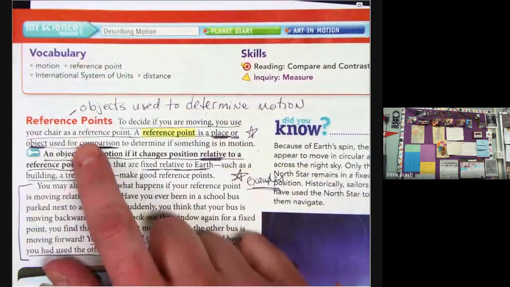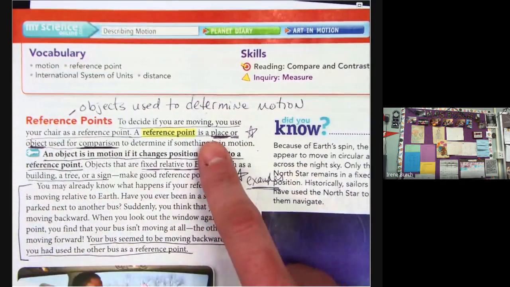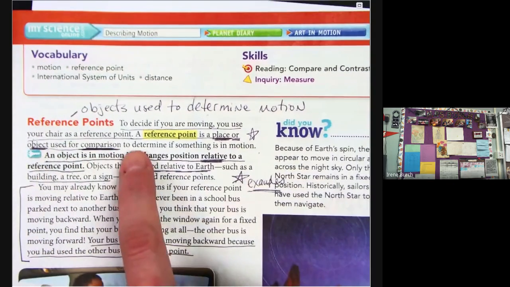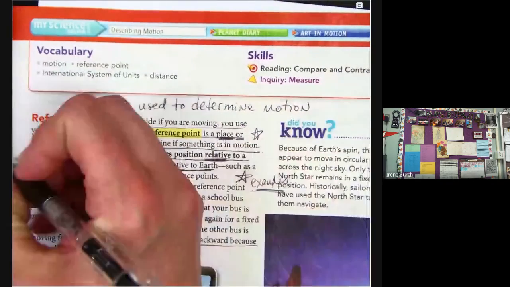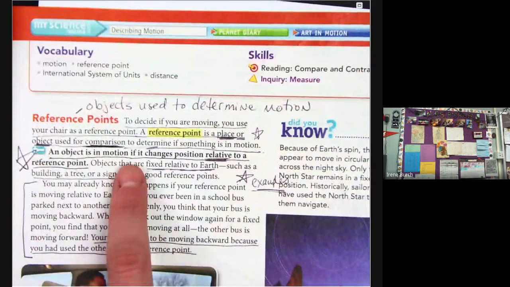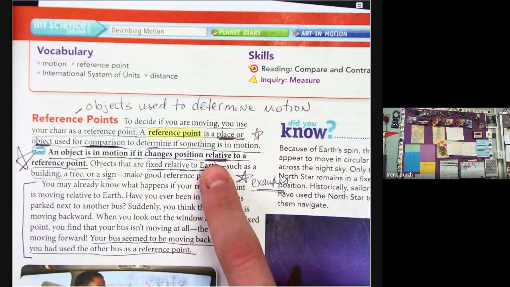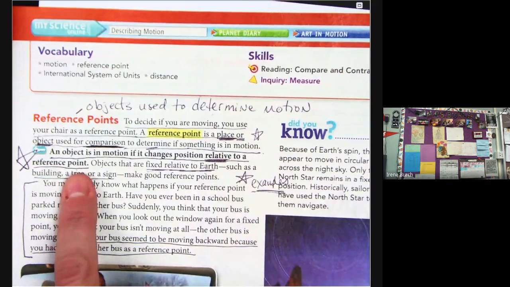Got to pick something as a reference point. A reference point is a place or object used for comparison to determine if something is in motion. So you guys should have that definition underlined. And then we have the key here, starred. An object is in motion if it changes position, remember relative means compared, to a reference point.